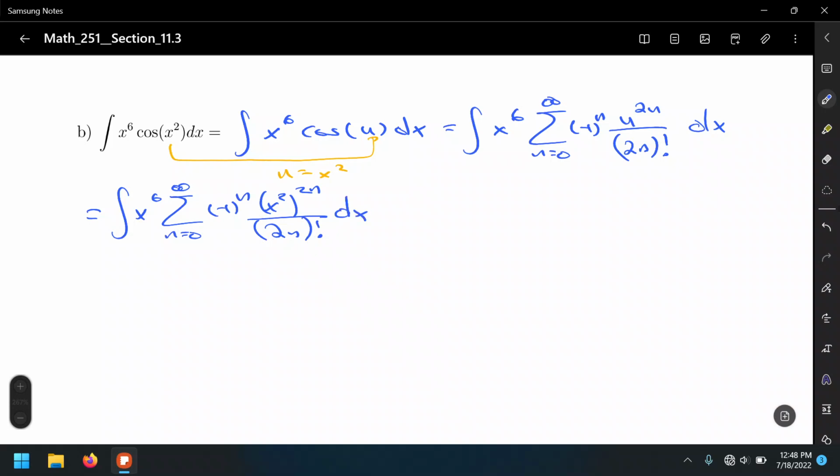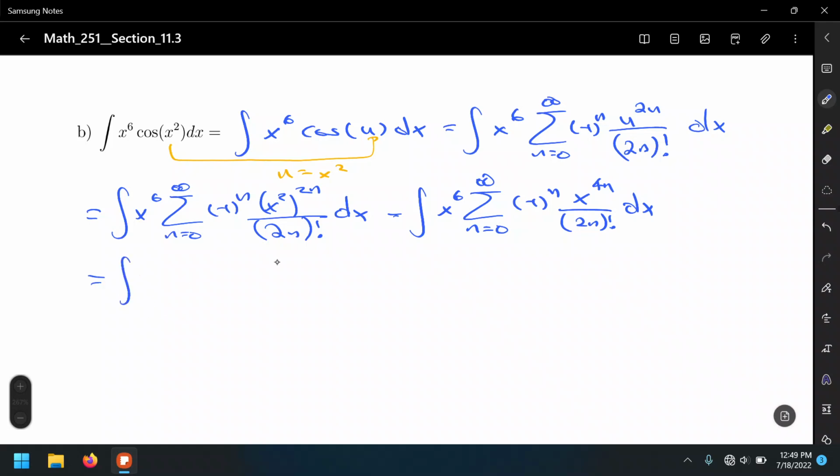So before integrating, we are going to simplify the series, introduce this x to the 6th factor inside of the sigma series, and then we will integrate. That's the integral of x to the 6th, sigma n equals 0 to infinity, where 2 times 2 becomes negative 1 to the n, x to the 4n over 2n factorial with respect to x.